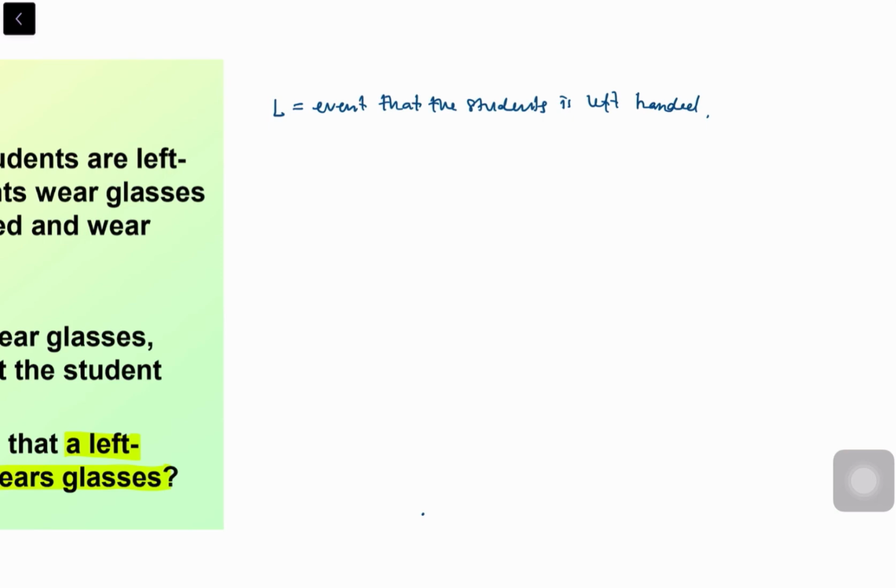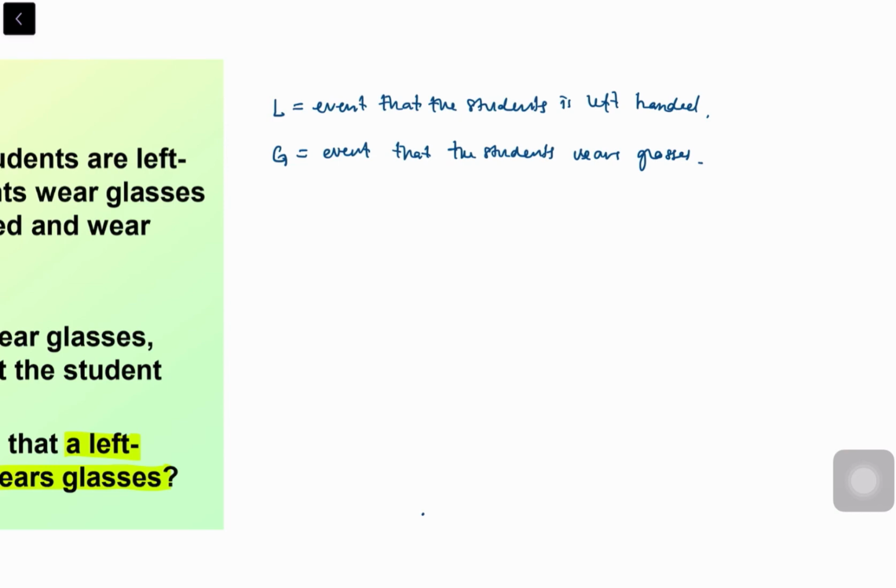And the second event I'll declare as G, which is the event that the student wears glasses.